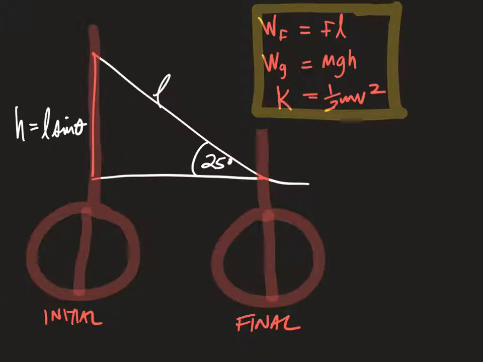You have work done by gravity at the top, and you have some initial kinetic energy at the top. This is the ski jump problem, because the skier starts off at 2 meters per second. At the end of the ramp, you have a whole bunch of work done by friction that was in a very small way impeding the increase in speed.